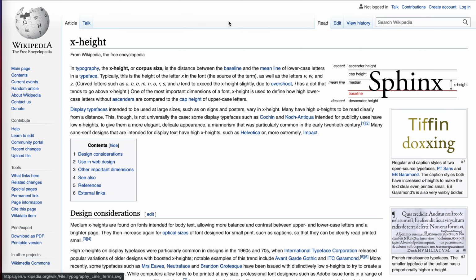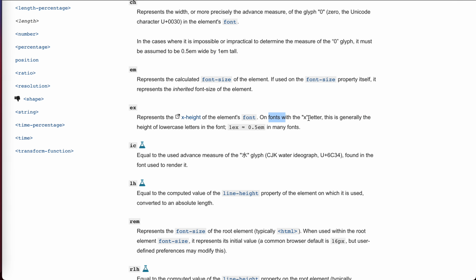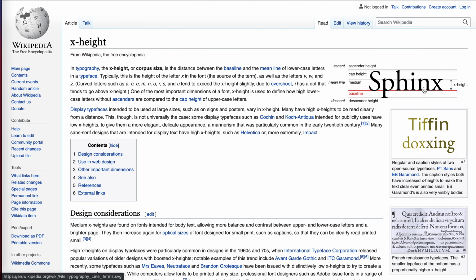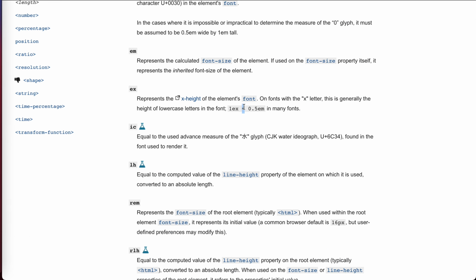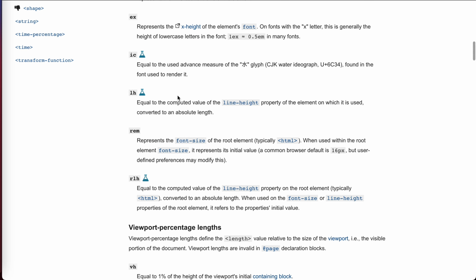So the X, I think, should be fonts with the X letter. From this chart graph, I see that this one is smaller than the half of it, I think. So approximately. IC equal to the used advance measure of the water glyph. This is CJK glyph.